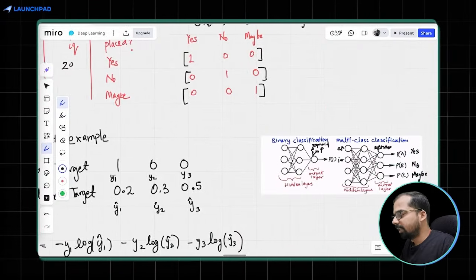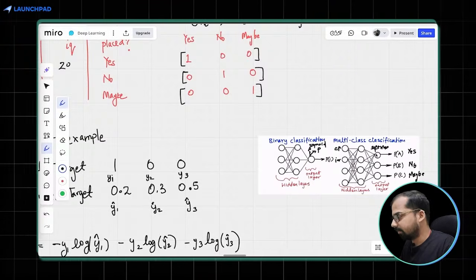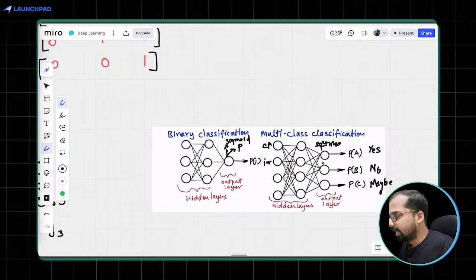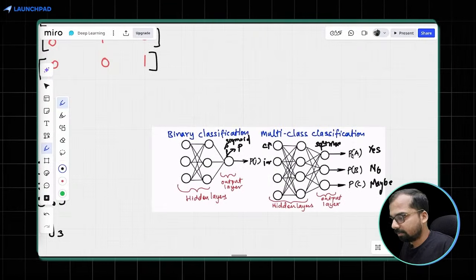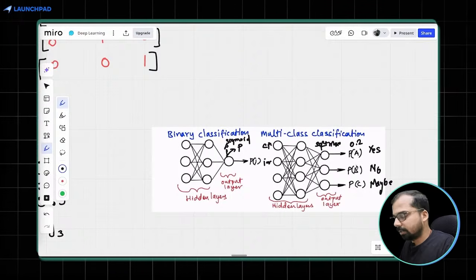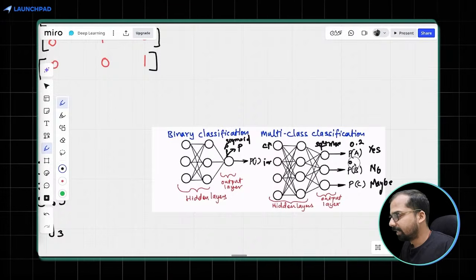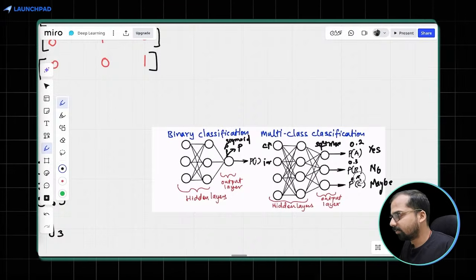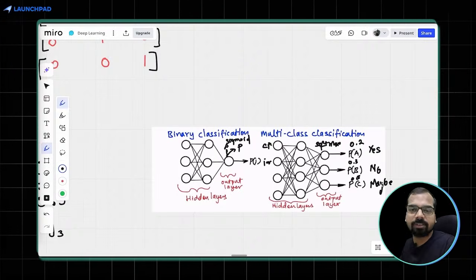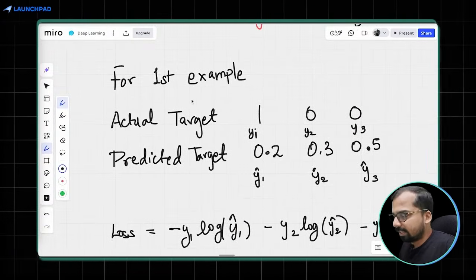In case of binary classification, we got only one probability. But over here, we pass our data and get probability values from each output neuron. Let's say the probabilities are 0.2, 0.3 and 0.5. The highest probability is for this neuron, so we say the output is maybe. Now let's take one example.